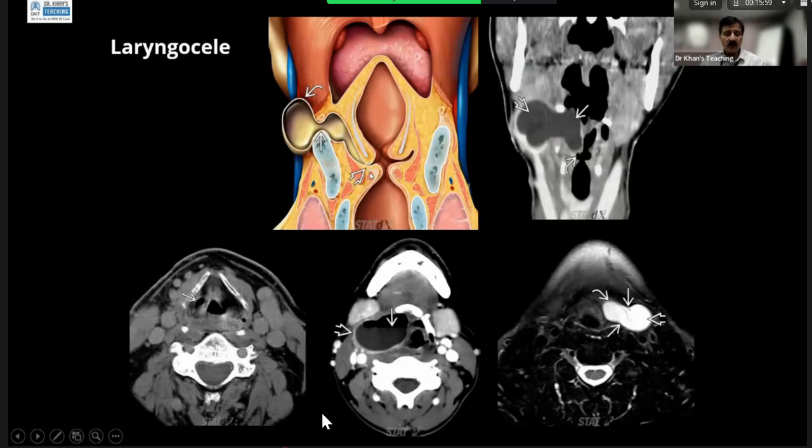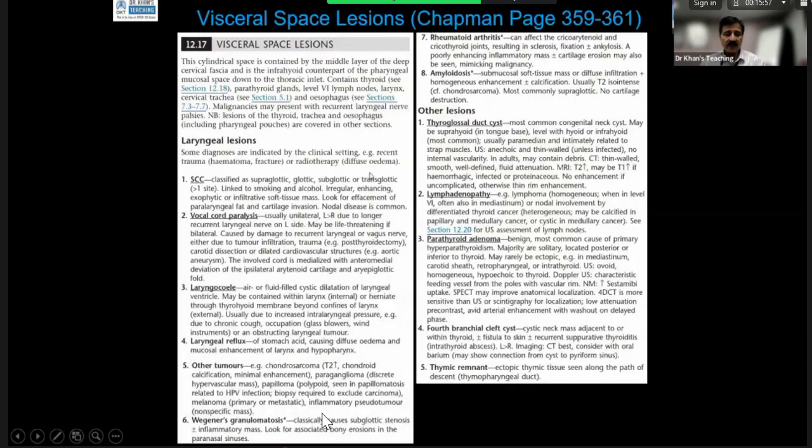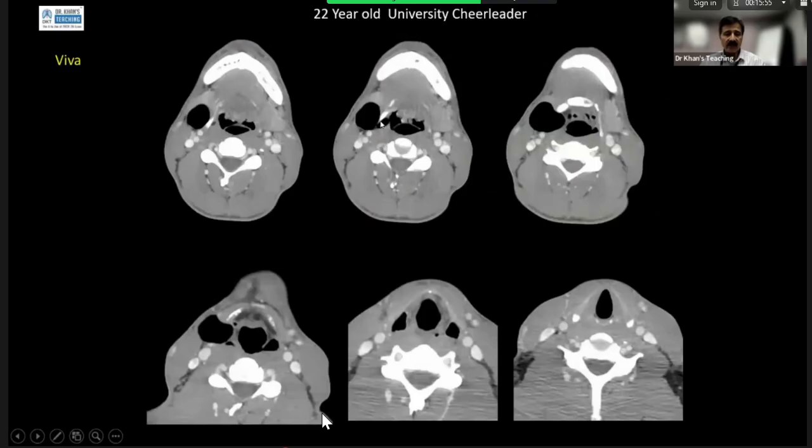Now, once it is dilated, then it will contain air. Internal laryngocele will stay within the laryngeal endoskeleton, but the external one penetrates the thyrohyoid membrane and goes out.